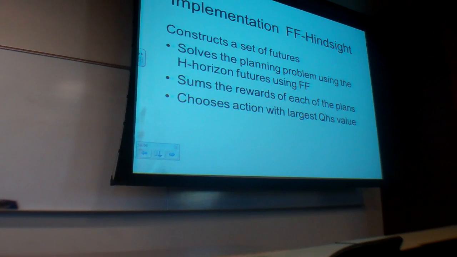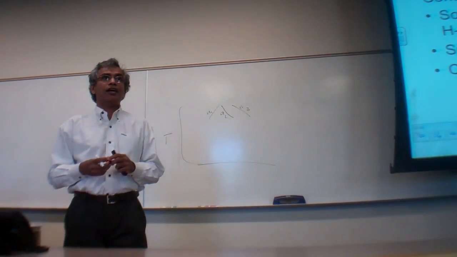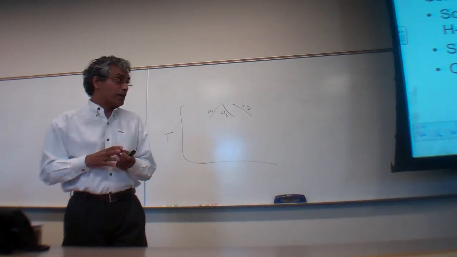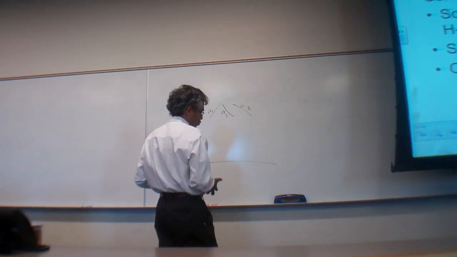In essence, it's trying to compute the Q value. The view that it takes is you consider a T horizon and then compute the Q value for a T horizon, finite horizon MDP. And then with respect to that, figure out which has the highest Q value.